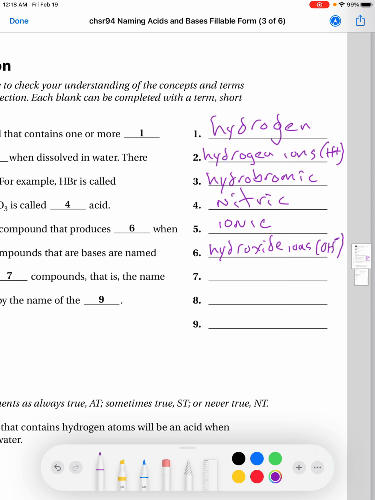And bases are named in the same way as other ionic compounds, and that is the name of the cation followed by the name of the anion. And of course, to be a base, this anion must be the hydroxide anion.